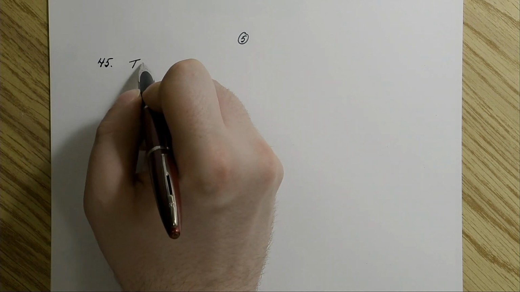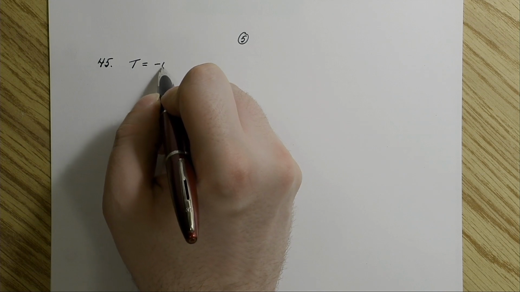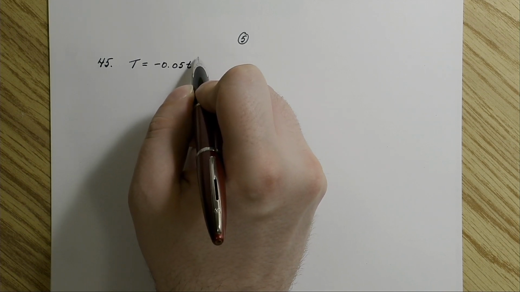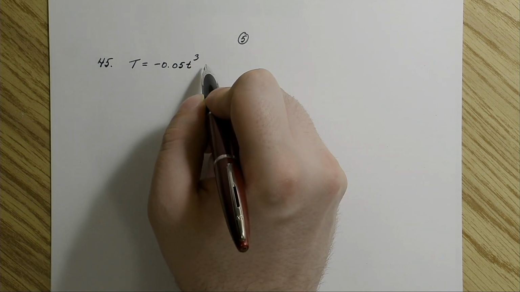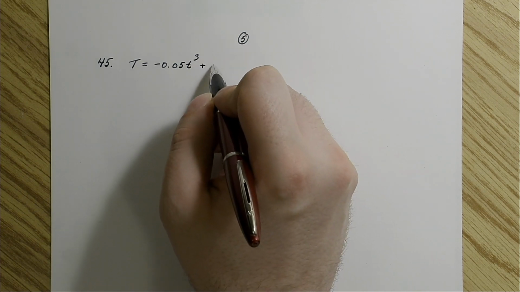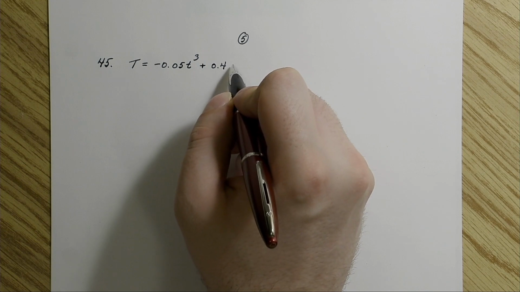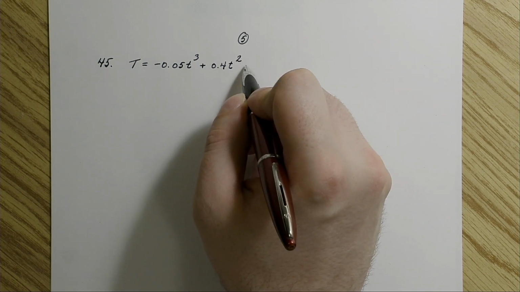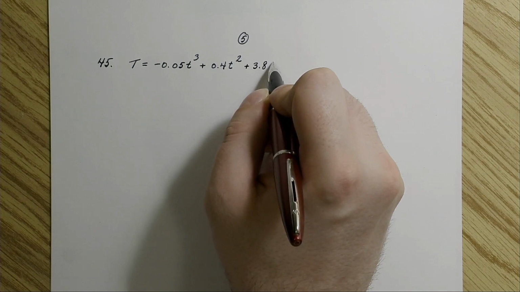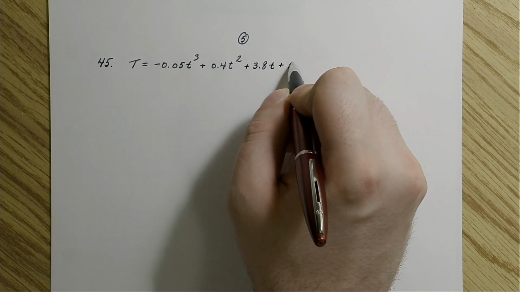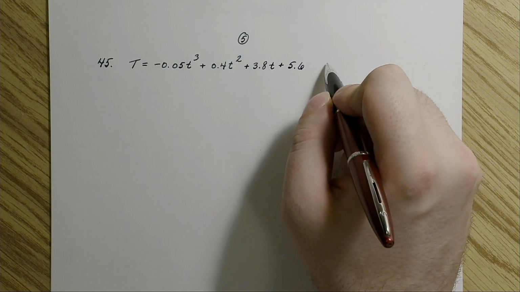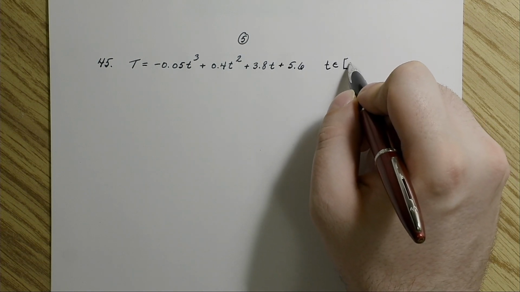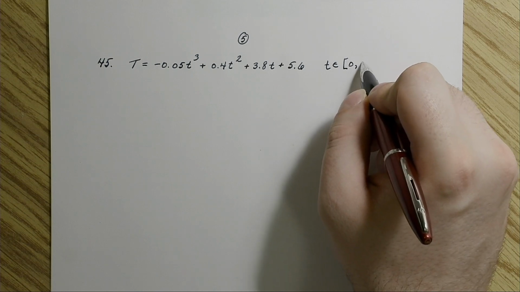They told us that the temperature follows this curve: minus 0.05 T cubed plus 0.4 T squared plus 3.8 T plus 5.6. They told us that we're over the closed interval from 0 to 12.